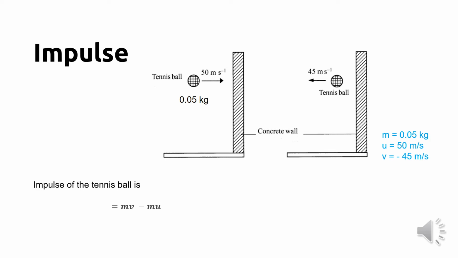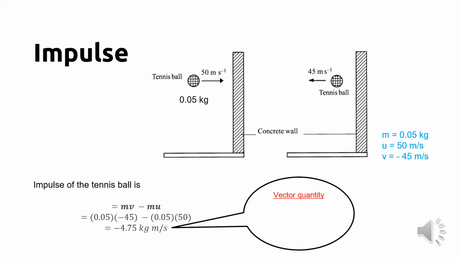When we put in the values, the impulse of the tennis ball is negative 4.75 kilogram meter per second. Impulse is a vector quantity, so the negative sign means the impulse was in the left direction.